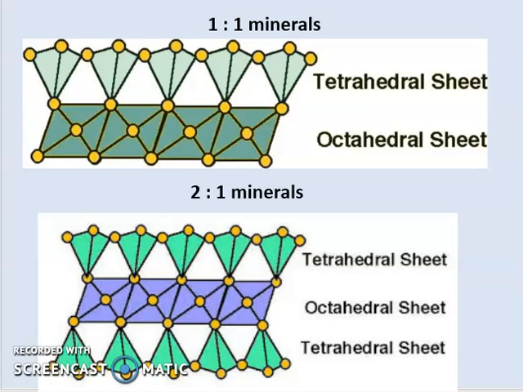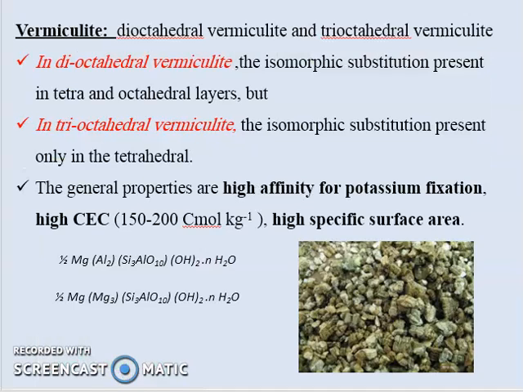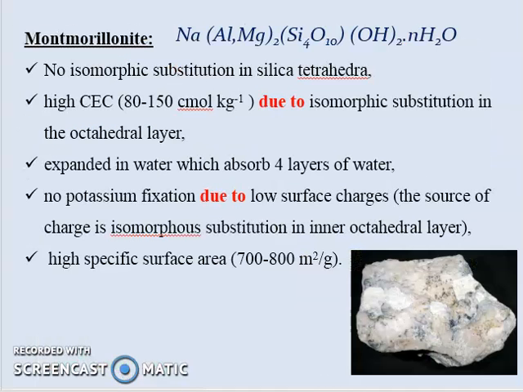Because the octahedral sheet is in the middle and surrounded by 2 tetrahedra. So no potassium fixation due to low surface energy. The surface charge from isomorphous substitution in the inner octahedral layer is low, but it has a high specific area because it's expanded.